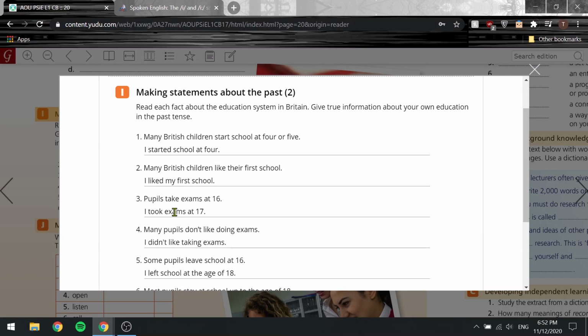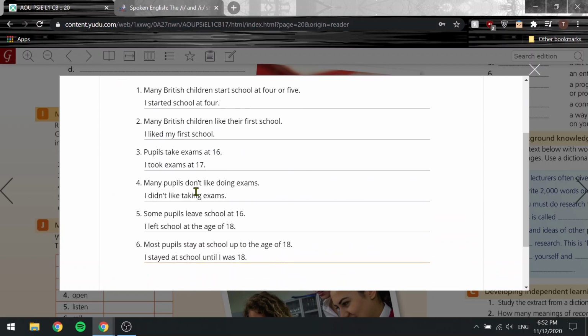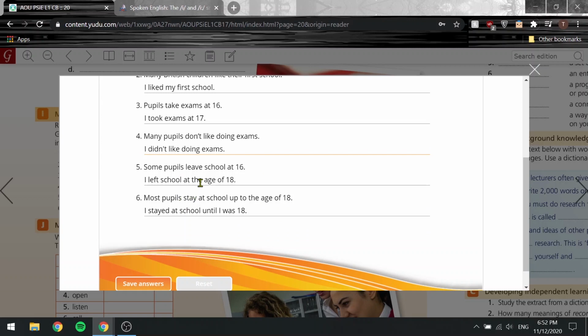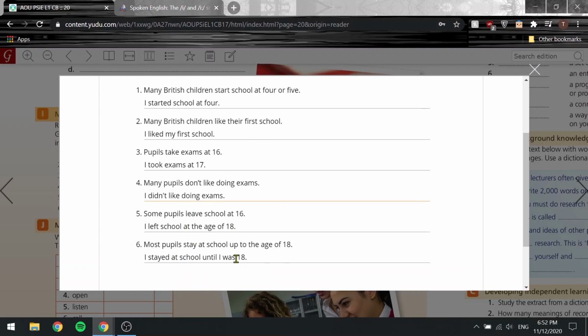I liked my first school. I took exams at 17. I didn't like taking exams. I didn't like, I'll say doing, I think doing fits here a little bit better. So I didn't like doing exams. I left school at the age of 18, and I stayed at school until I was 18. Okay?